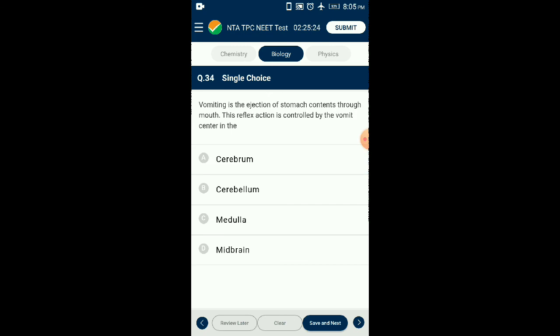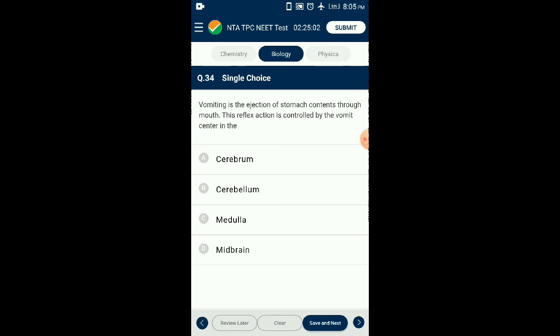Question number 34. Vomiting is the ejection of stomach contents through the mouth. This reflex action is controlled by the vomit center in the. The ejection, that means backflow of partially digested food of the stomach through the mouth, is known as vomiting. It is often preceded by a feeling known as nausea.